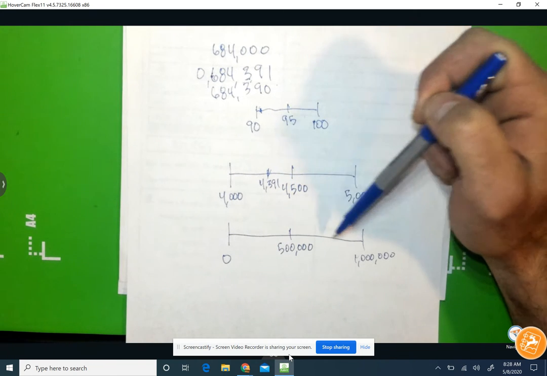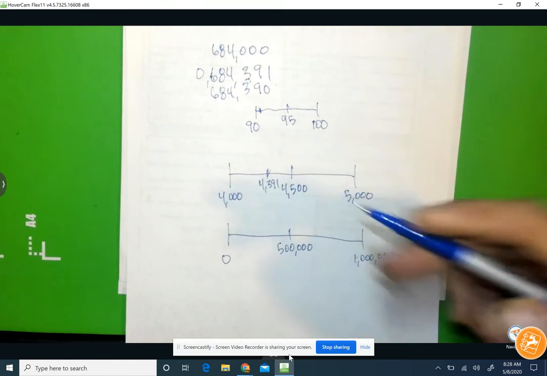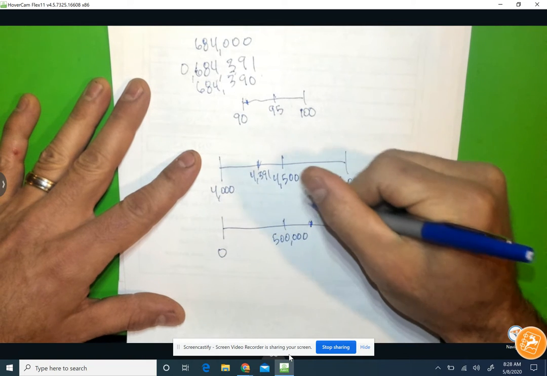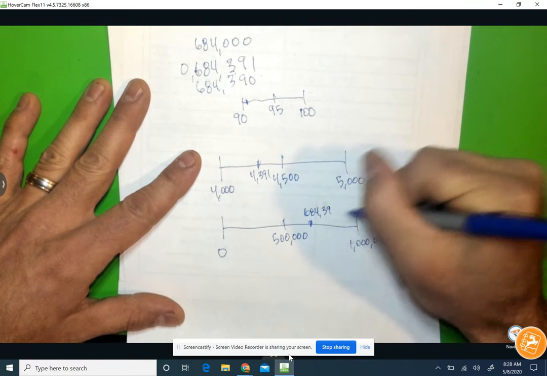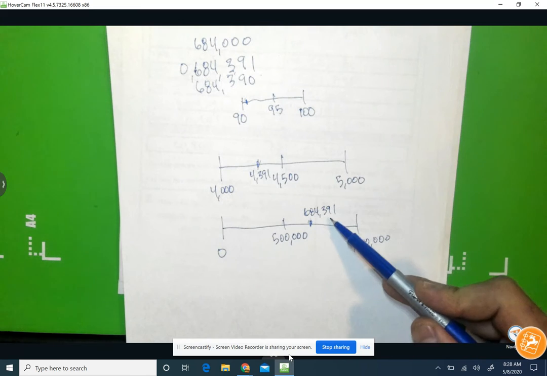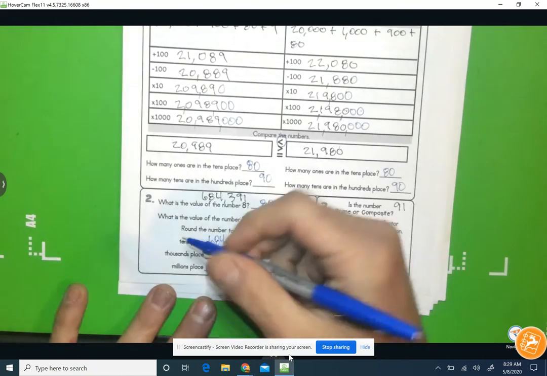So it's going to be closer to, or in between 500,000 and 1 million, maybe somewhere around there or so. 684,391. So in this case, we're closer to 1 million. 684,391 rounds to 1 million.